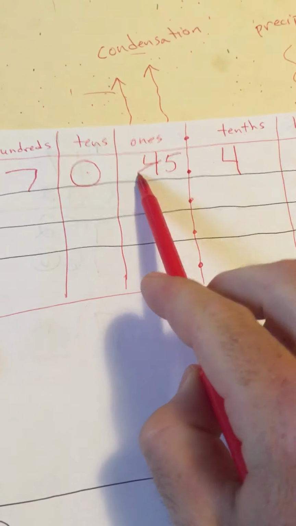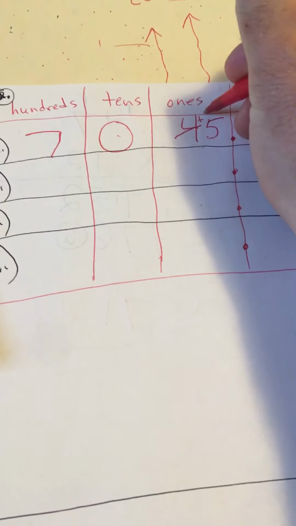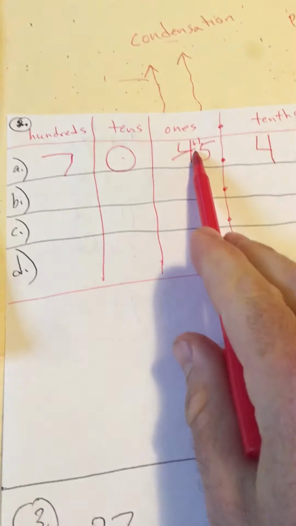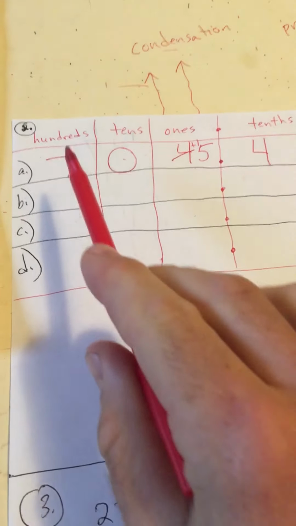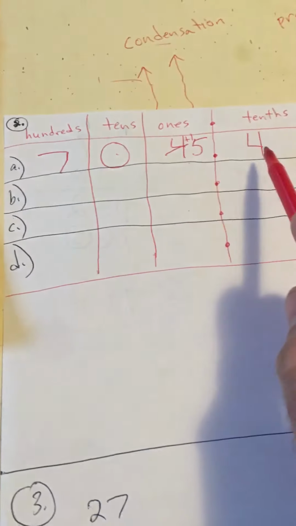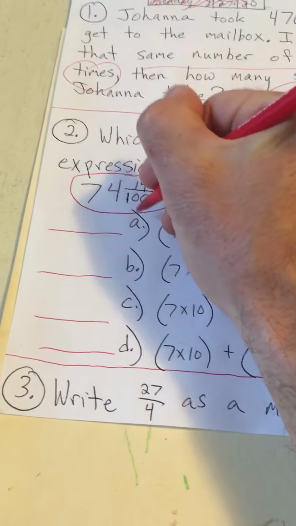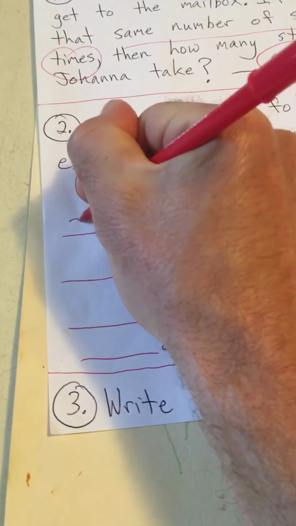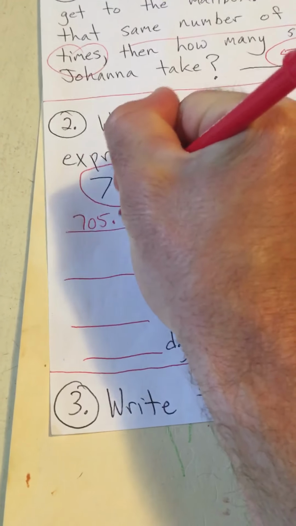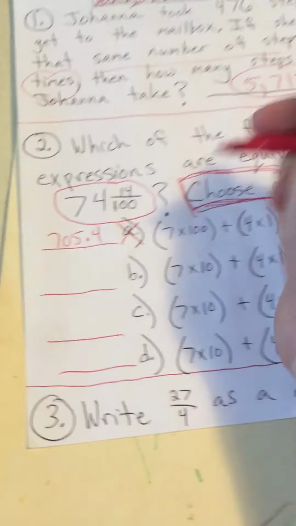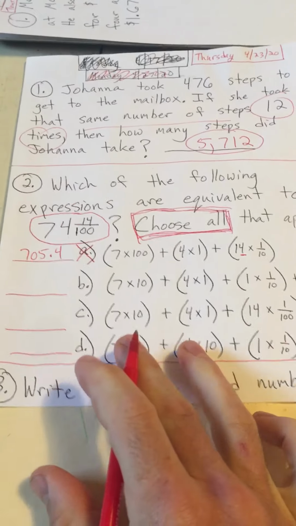So it's 1.4, but we had to add the 1 to this 4. So that really makes 5 ones and 4 tenths. So this answer is 705 and 4 tenths, which is not the same as this. So 705.4 is not correct. So A is not correct.